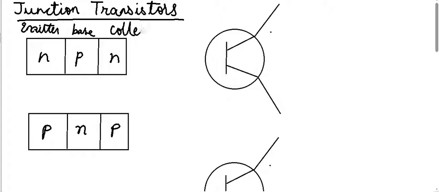From the names it is obvious that the emitter has something to do with emitting charge particles, and the collector has something to do with collecting them. Similarly here also, one will be base, one emitter, and one collector. Now we have three regions, and these can be connected to each other.